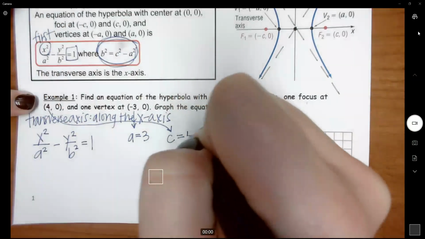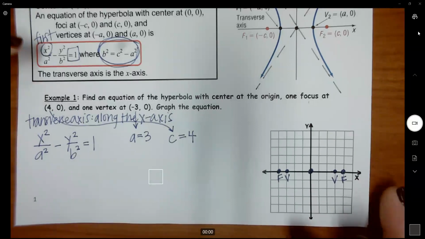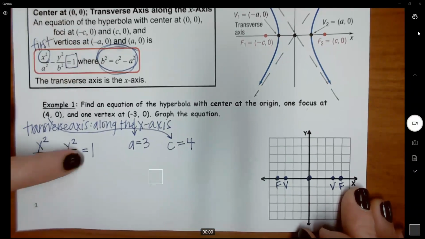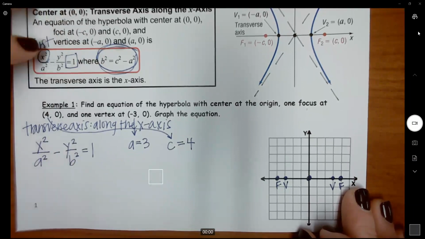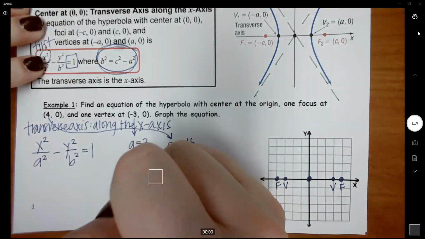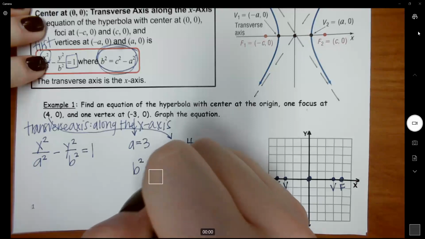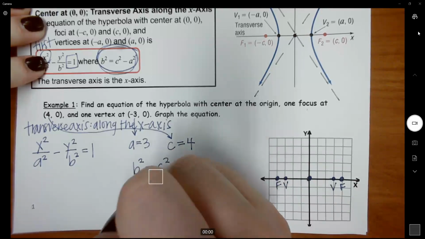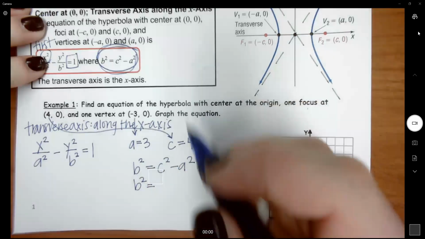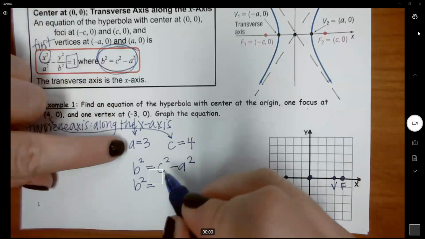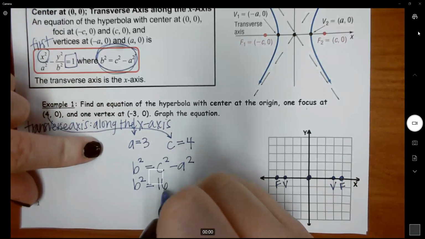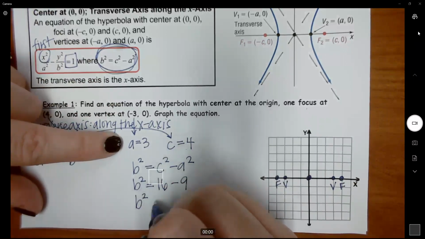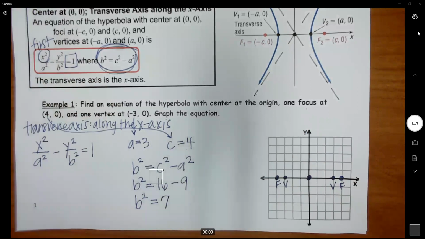So we have c equals 4. So I will use this formula to find my b, and then I will have both. I already have a, but now I need b. So b squared equals c squared minus a squared. b squared equals my c squared, which is 16, minus my a squared, which is 9. And my b squared is 7.